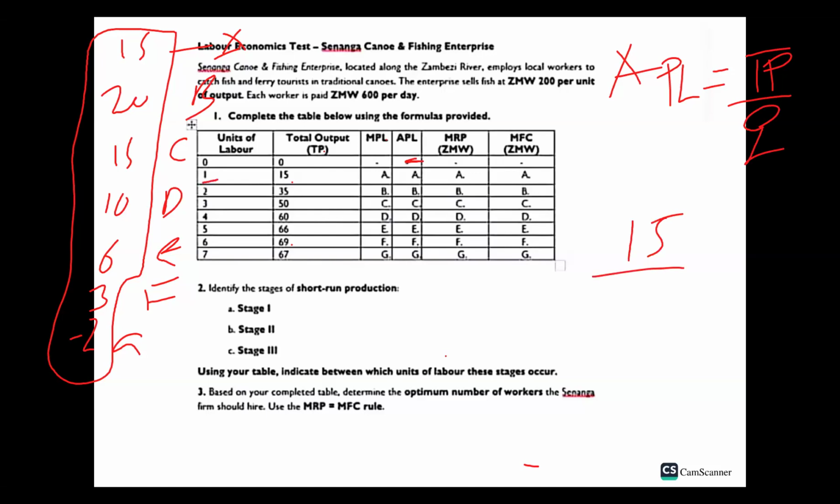The output here is 1. 15 divided by 1 is equal to 15. You're following, eh? So the first one would be 15. Okay? So the second one will be 35 divided by 2.